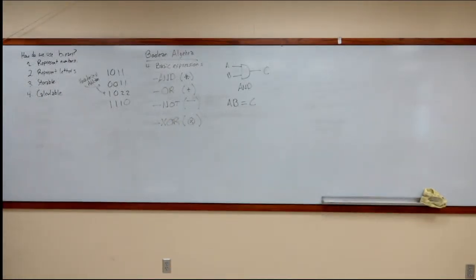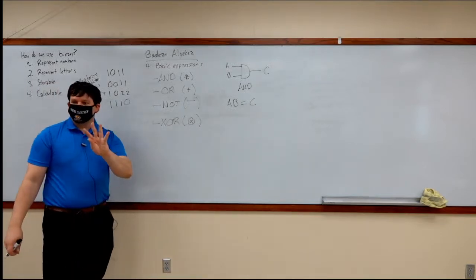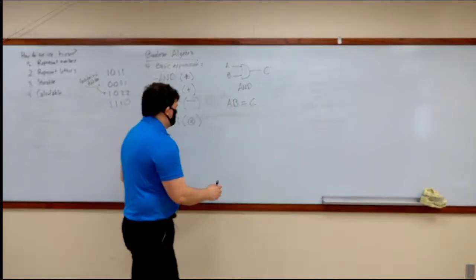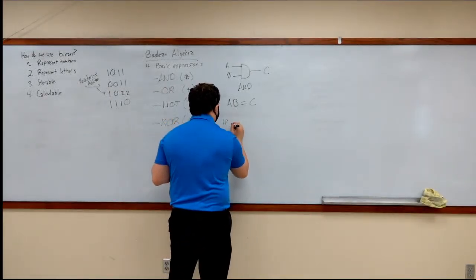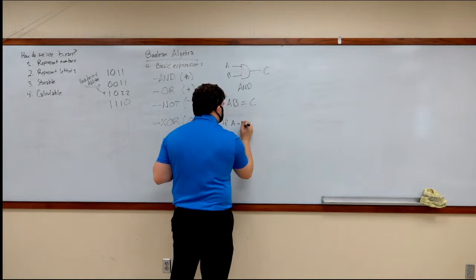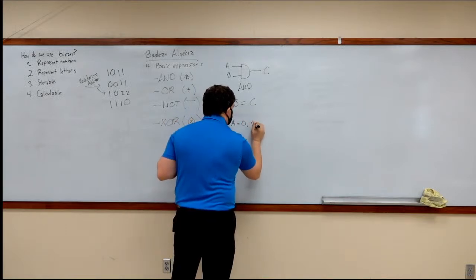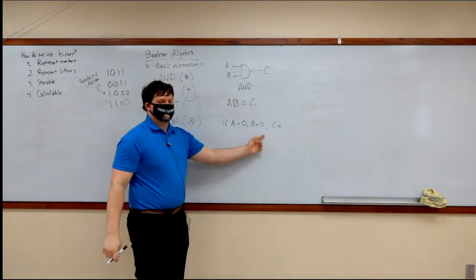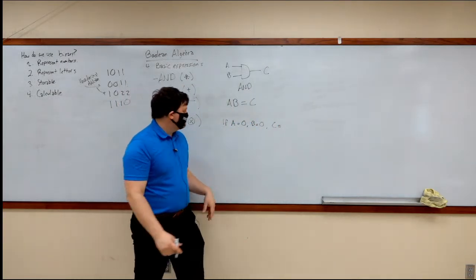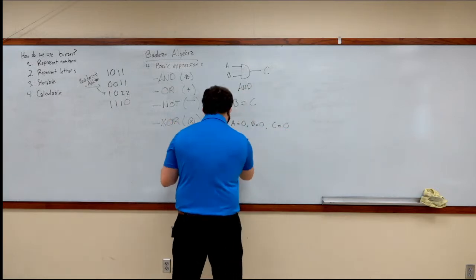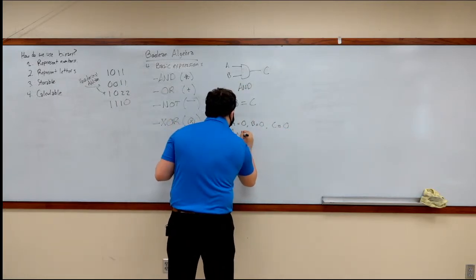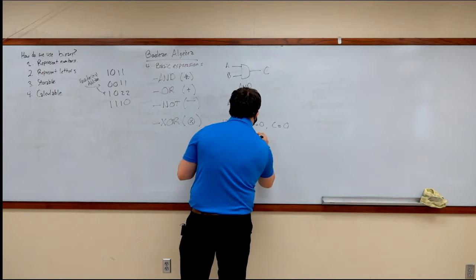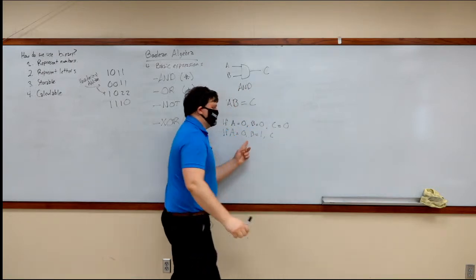Now, know that A and B can only equal 1 or 0. So we have 4 different options here. If A is equal to 0 and B is equal to 0, then C is going to be equal to, what's 0 times 0? 0. If A is equal to 0 and B is equal to 1, what is 0 times 1?